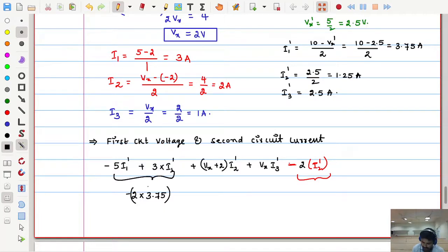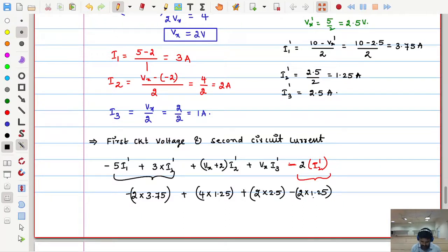Next is Vx. Vx is 2. 2 plus 2 is 4, 4 into I2 dash, which is 1.25. Next, Vx is 2 again, I3 dash into 2.5. Next, minus 2 into I2 dash, 1.25.